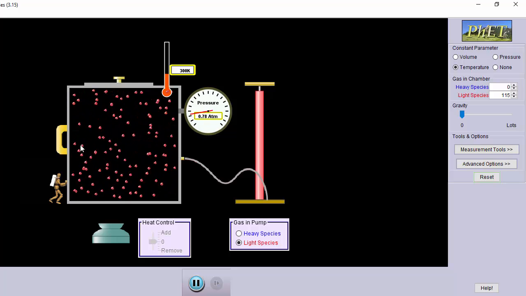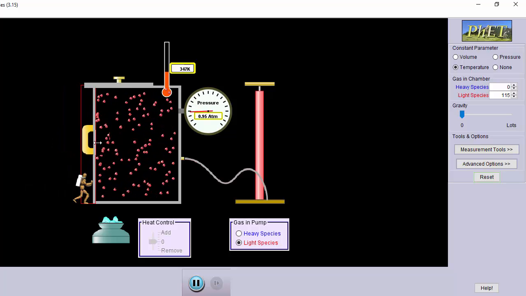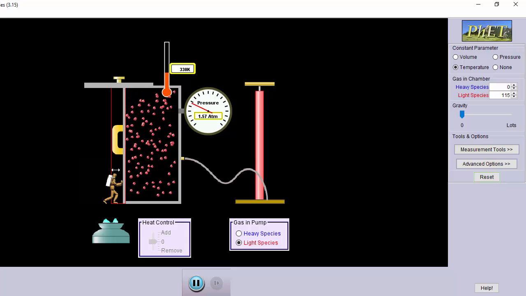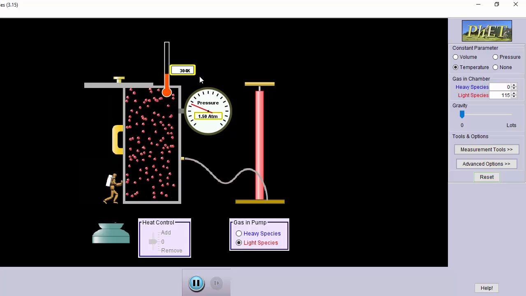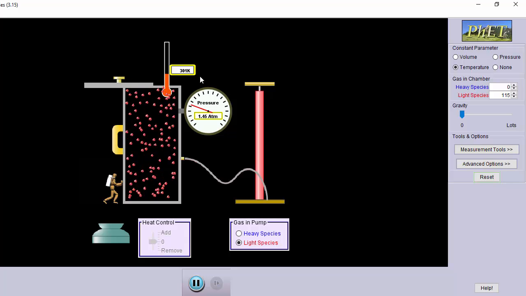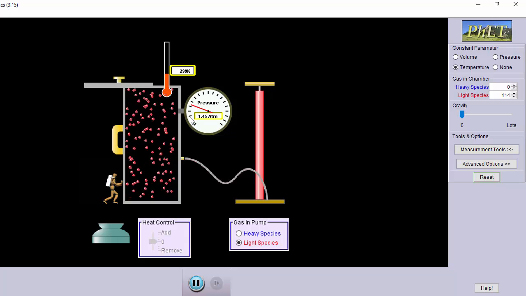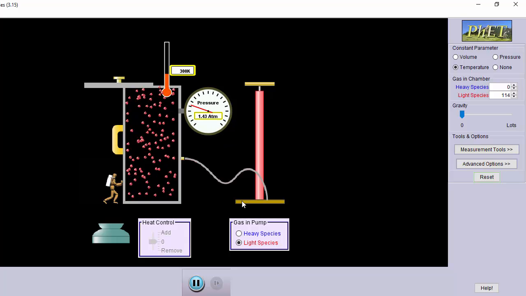And just finally we're going to go for the extreme version. We're going to push this all the way in, so now we've got a really small volume, and again wait for the temperature to come back down to 300, and you should see that the pressure has gone up. So what Boyle's law is showing us is that as the volume decreases, the pressure increases.